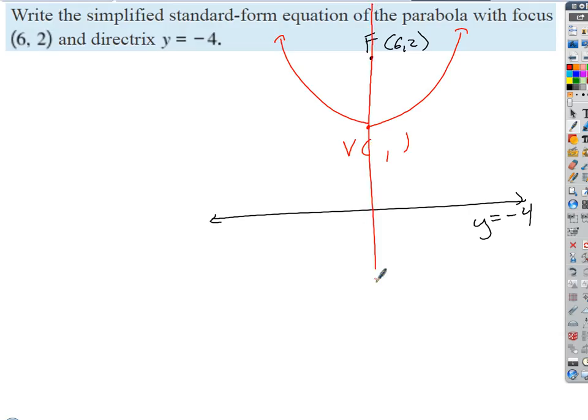We could fold the parabola like this, and it'd fold on itself. So the focus and the vertex are both going to be on that axis of symmetry, so they have the same x values. They would cut through the x-axis at the same place, right? Okay, so then we know that the 6 is going to go there.